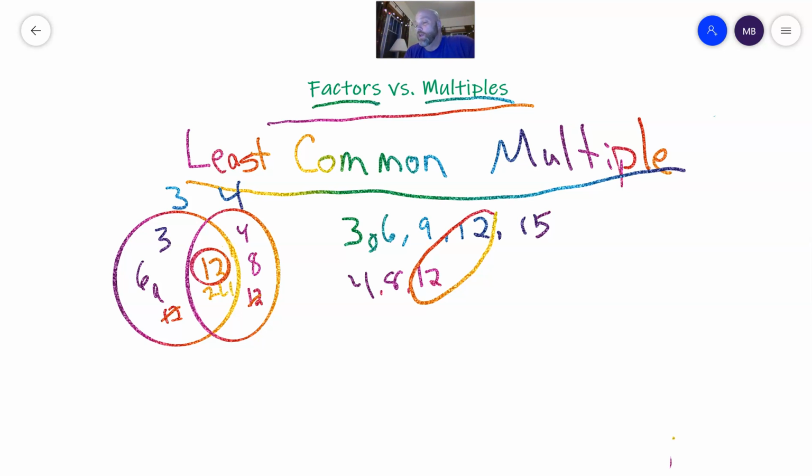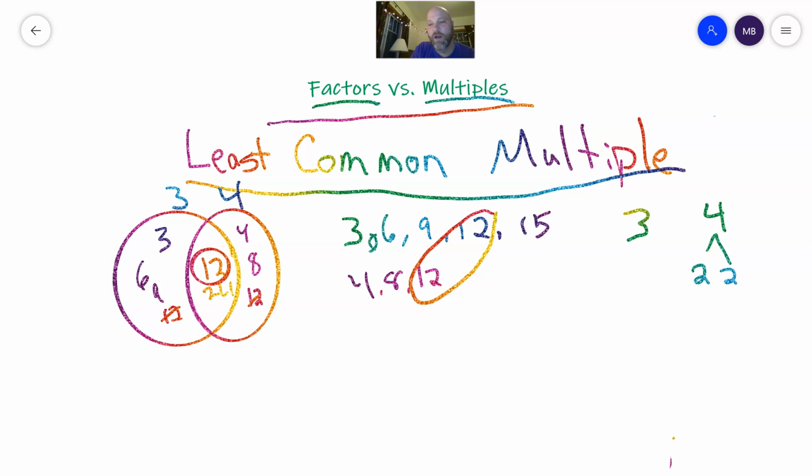They have another way that you can do it. In section 2 of this lesson, they talk about prime factorization. This is kind of an interesting one. If I was going to make a factor tree of 3, it's just 3 and 1. So there's no factor tree, right? Because 3 is a prime number. But if I was going to make a factor tree of 4, it's 2 and 2.